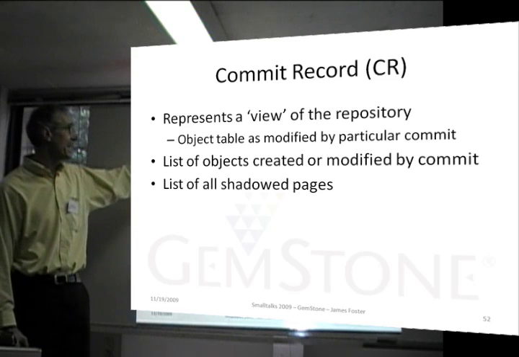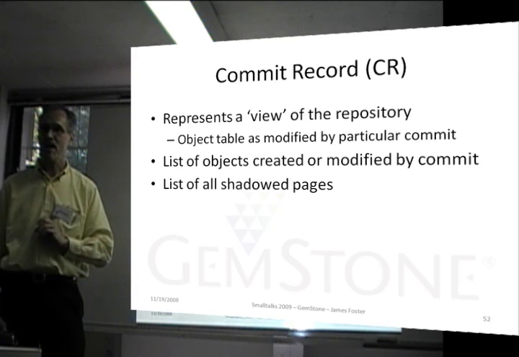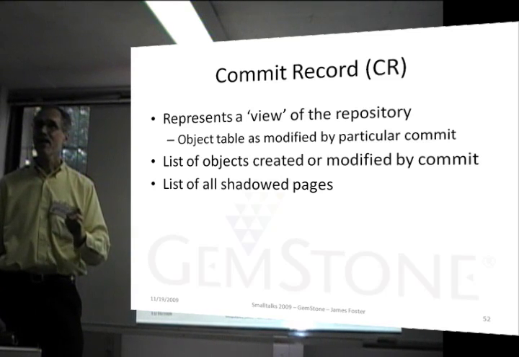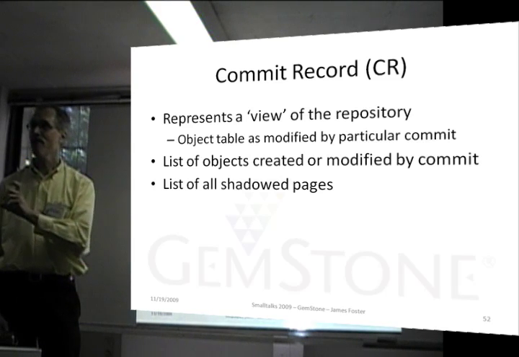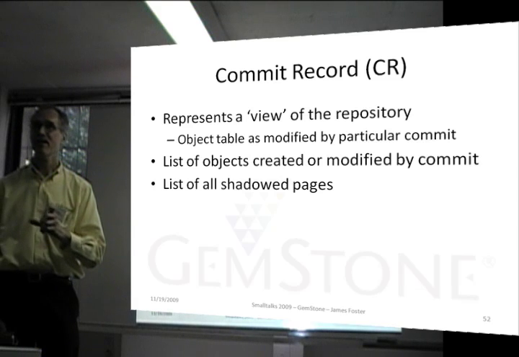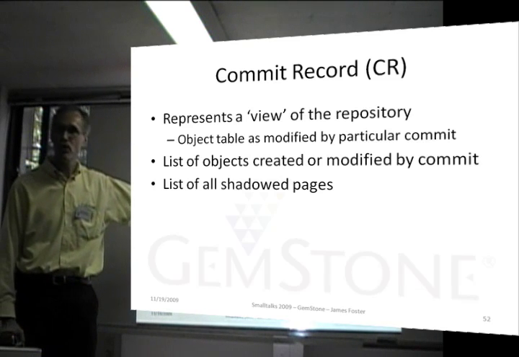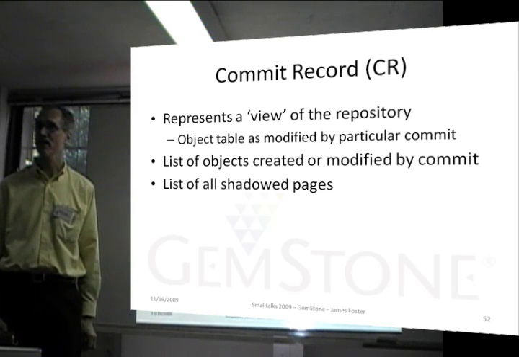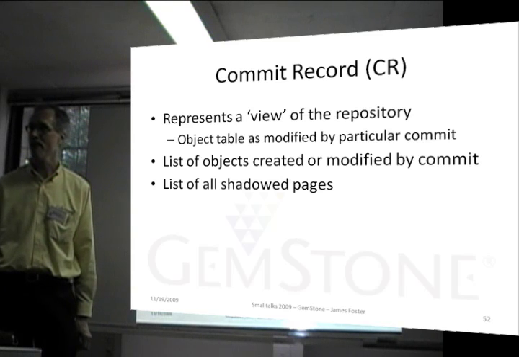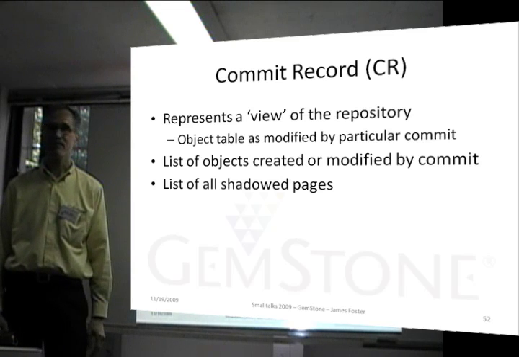So with each commit record, each time you do a commit, there's a list of the objects that have been modified. There's also a list of the pages that have become shadowed by this commit. So again, objects will have been moved to a new page, and so this is a list of the old pages that are holding shadowed objects. That's all part of a commit record.